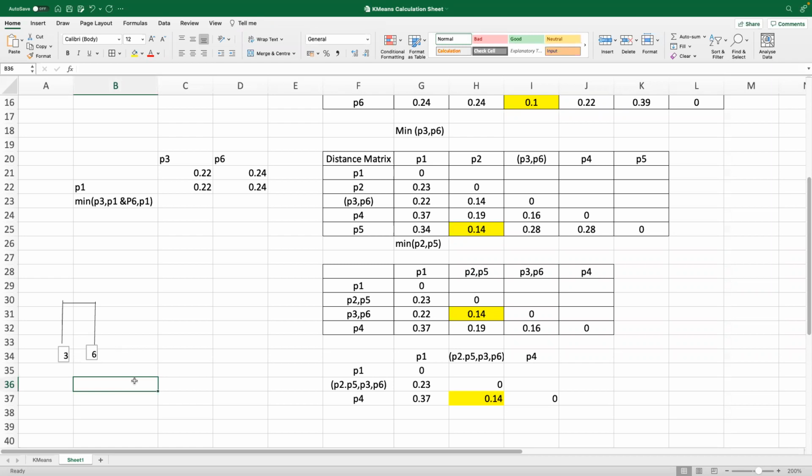We have combined 3 and 6 as the first cluster. What is the next cluster?